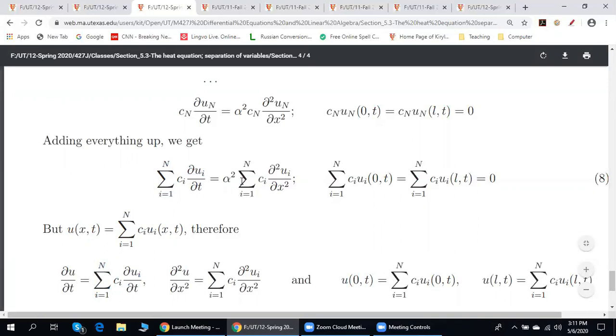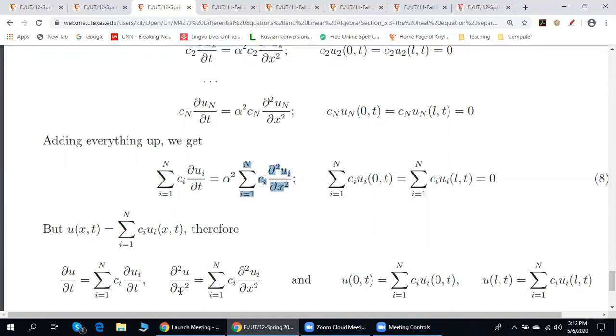For the same reason, the expression after alpha square here, this expression, is the second partial derivative of u by x. Similarly, what is written here, according to this, is simply u of 0t. What is written here, thanks to same expression, is u of lt.